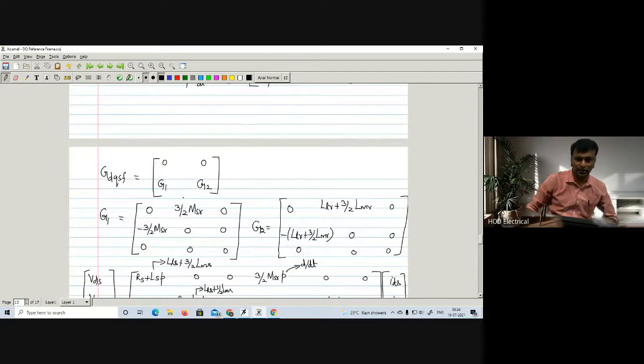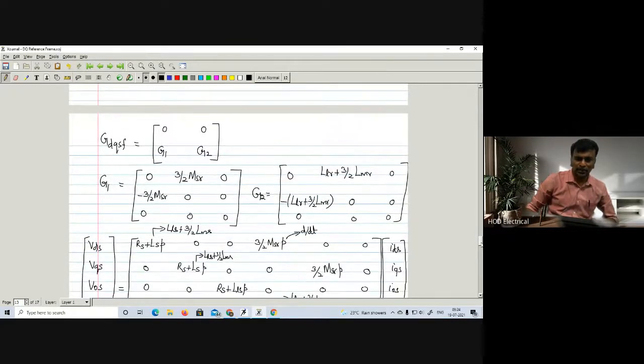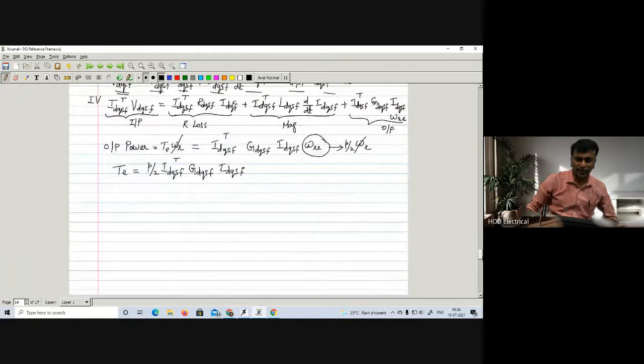In the previous equation we wrote the value of the G matrix, with zero blocks and G1, G2 matrices. So let me copy this G matrix so that we can write the torque equation.